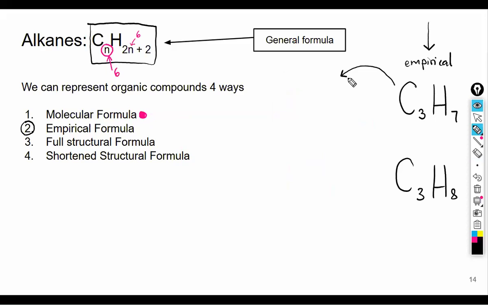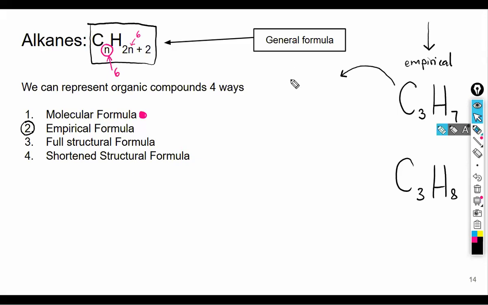In other words, remember, the empirical formula doesn't tell you the exact amount of carbon and the exact amount of hydrogen. It just gives you the reduced values. So if I give you the empirical formula, can you backtrack and tell me how much carbon it actually had and how much hydrogen it actually had?